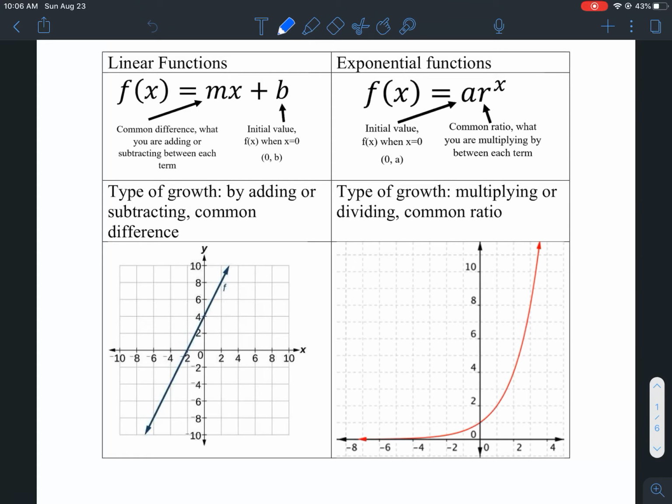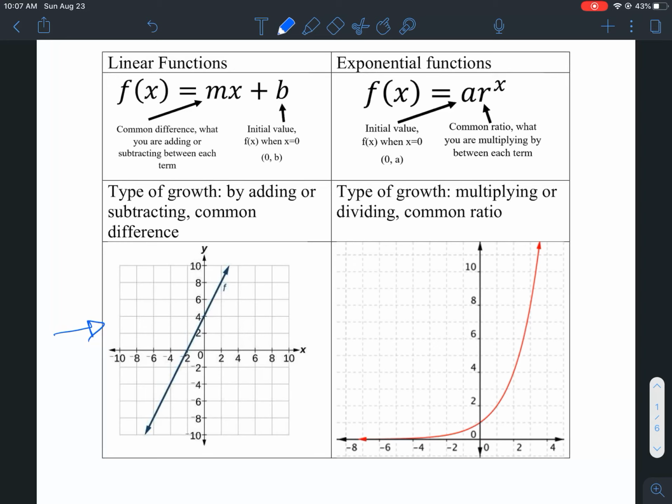And then b is our initial value, also known as the y-intercept. The type of growth is adding or subtracting, right? Between each term, you would add 2, or subtract 2, something along those lines. And a linear function looks like this, just a line.